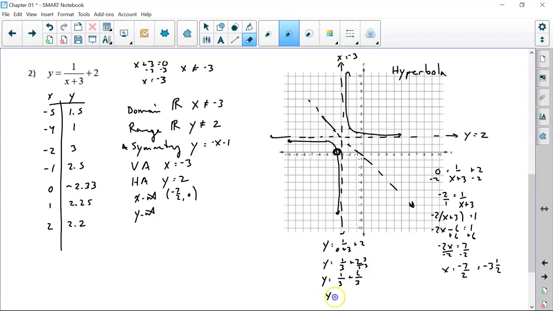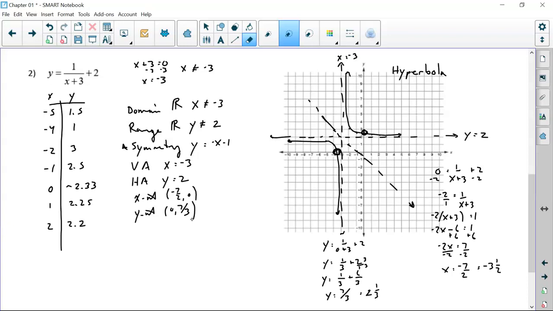So you get y equals 1/3 plus 6/3 is 7/3, which is the same as 2 and 1/3, which does look like it's about right because 2 and 1/3 is up there. So we could put 0, 7/3 for our y-intercept.